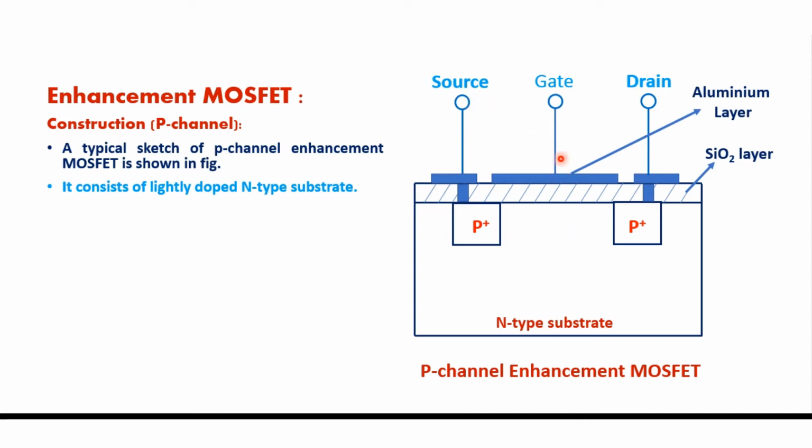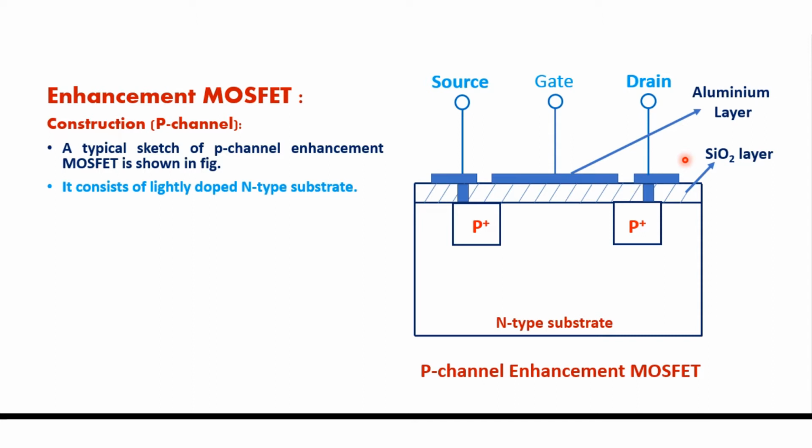These two regions are separated by 10 raised to power minus 5 meter to 2 into 10 raised to power minus 5 meter, and a layer of insulating silicon dioxide is grown over the surface. Two small holes are drilled through the silicon dioxide so that metallic contacts can be made with the source and the drain.